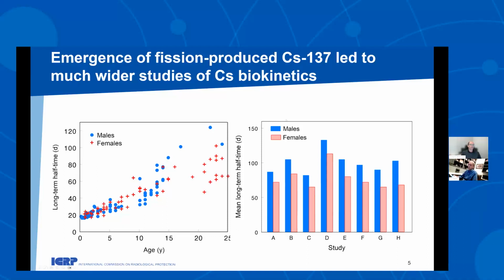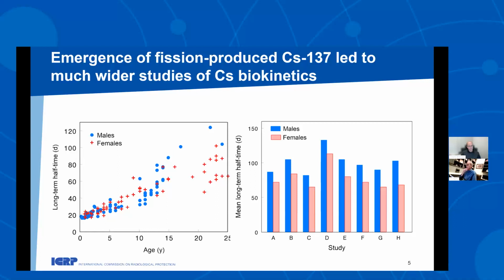And on the left, we see data for individual subjects, and you can see that the removal half-time from the body increases with age from less than 20 days in pre-adults to about 2 to 4 months in adults.